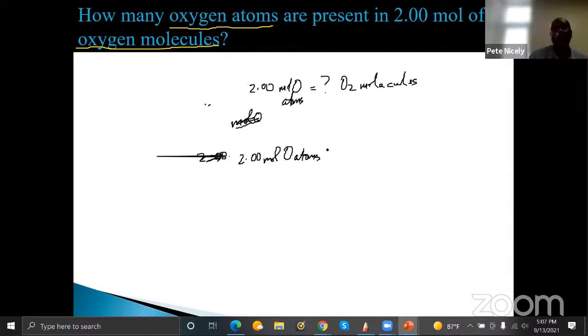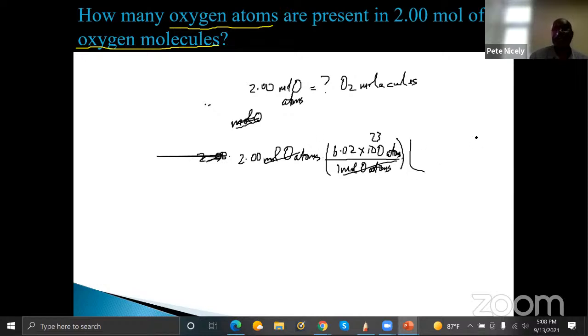The first thing I would do is convert that to the number of oxygen atoms. So basically, I'll be using Avogadro's number, 6.02 times 10 to the 23 O atoms, and down here I would have 1 mole of oxygen atoms, so that this will cancel out with this.